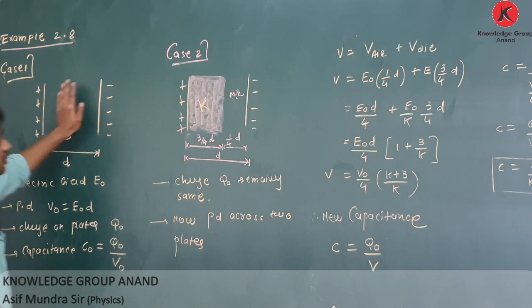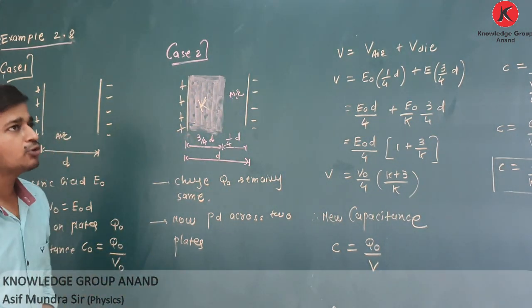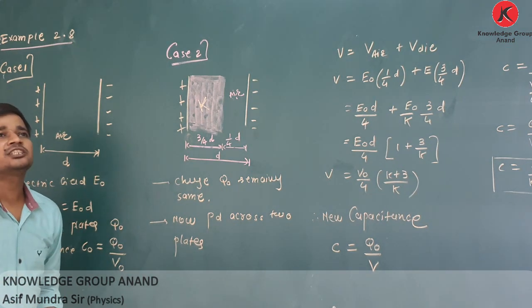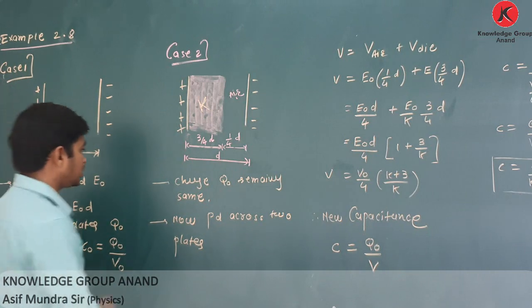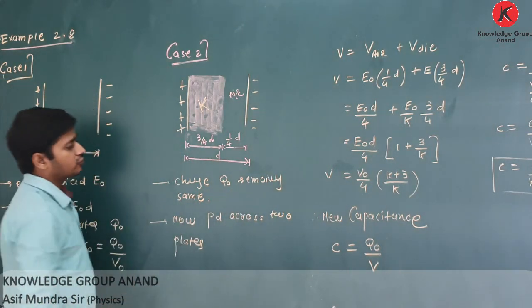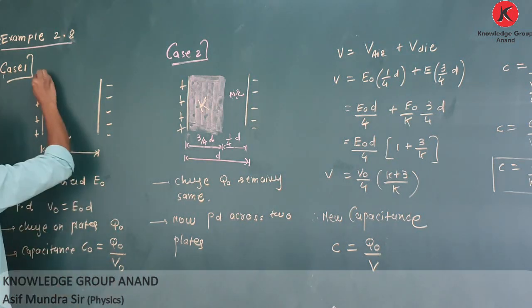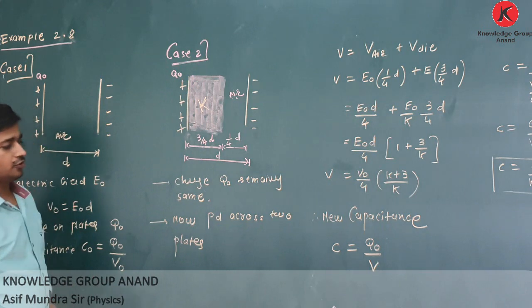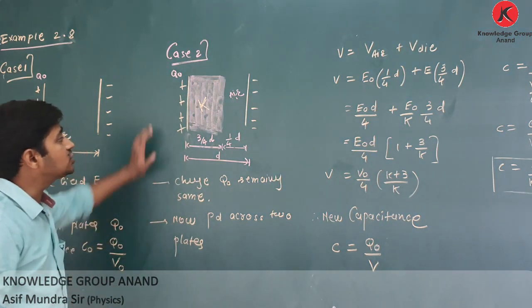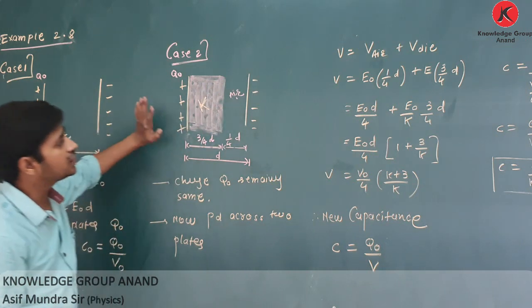It does not depend on this material. So first thing you have to remember: if you do not change the battery, if you do not change the connection, then the charge Q0 remains the same. Here on the plate the charge is Q0. Here on the plate the charge is Q0. What is the change? Potential difference, because the electric field in this region is changed.